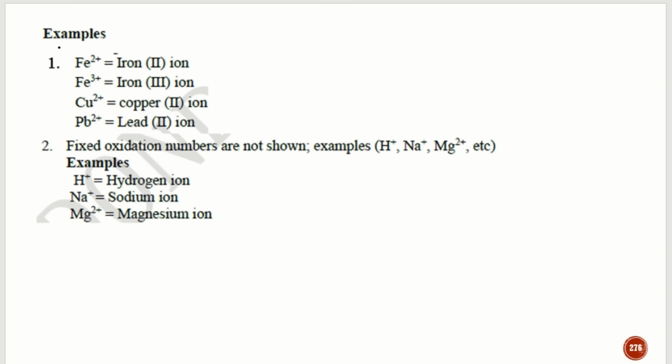Iron is a variable element because we have iron 2 and iron 3. So I'm supposed to specify. So I'll write iron(II) ion. The next is Fe3+. So I will say iron(III) ion. Cu2+, Cu is copper, and the copper carries an oxidation state of +2. So that will be a copper(II) ion, and so on.